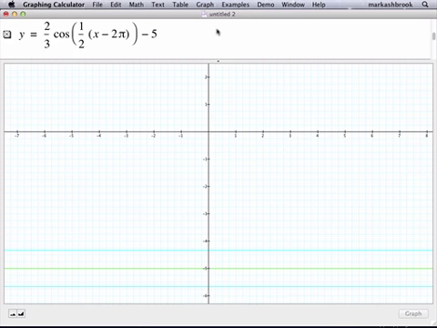Here's our midline down at -5, here's 0. And then we're going to go up 2/3 and down 2/3. Perfect.